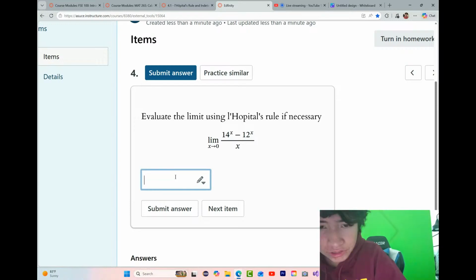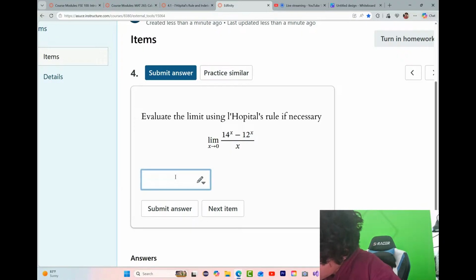Since we have exponential functions, we have 14 to the power of x times the natural logarithm of 14, I believe, minus 12 to the power of x times the natural logarithm of 12, over 1.